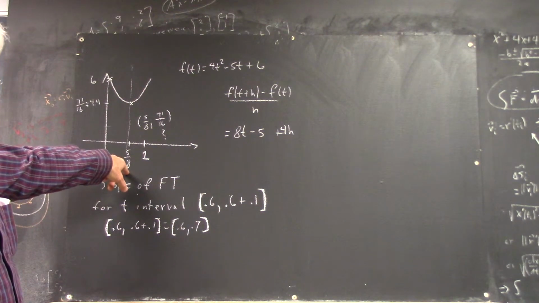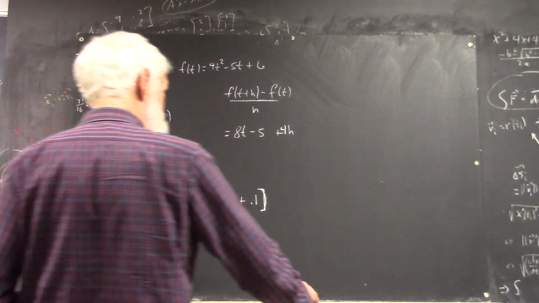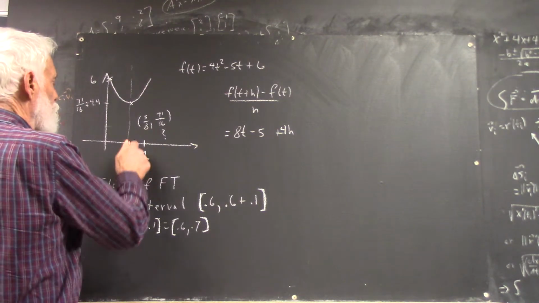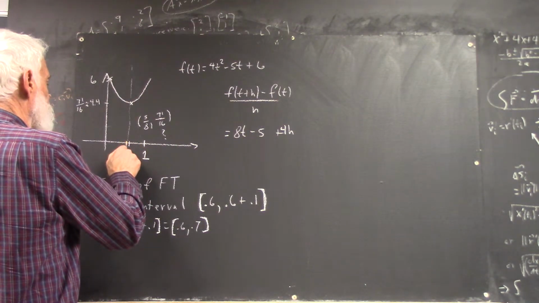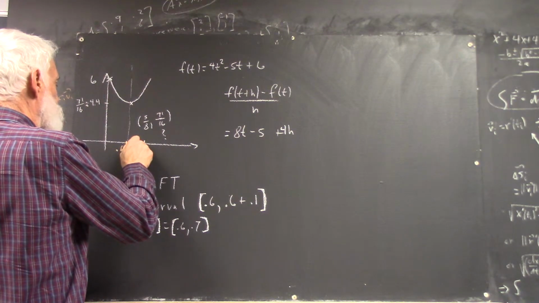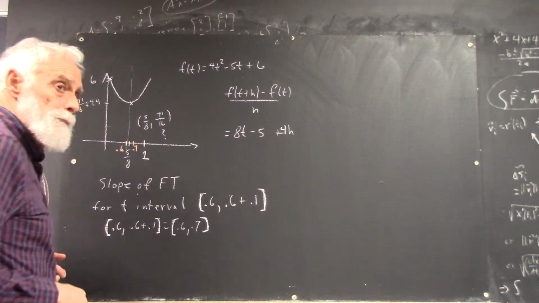Okay? Now, what's 5/8? What's the decimal equivalent of 5/8? Anybody ever use a ruler? Okay, well, it's 0.625, so 0.6 would be here, and 0.7 would be like here. Okay?